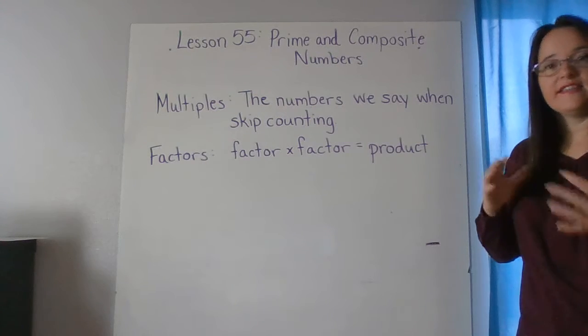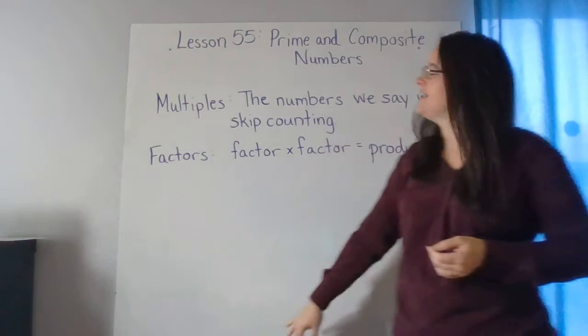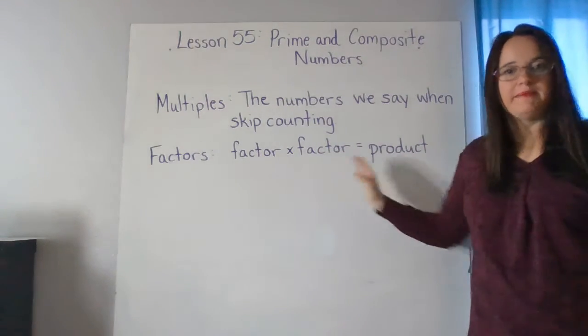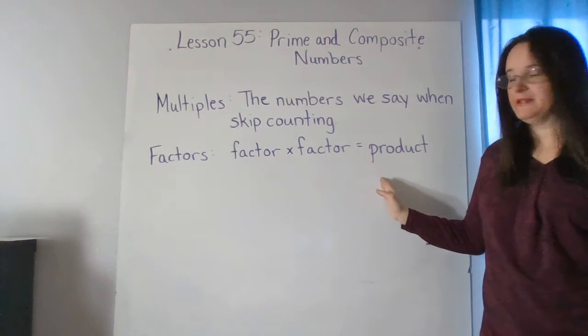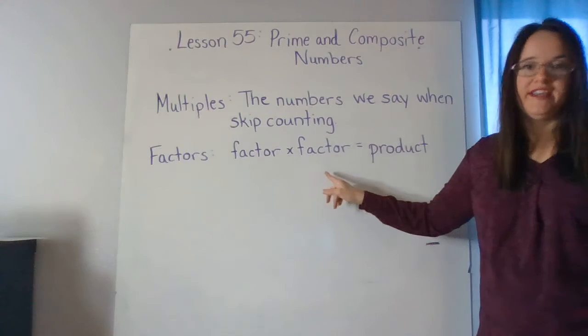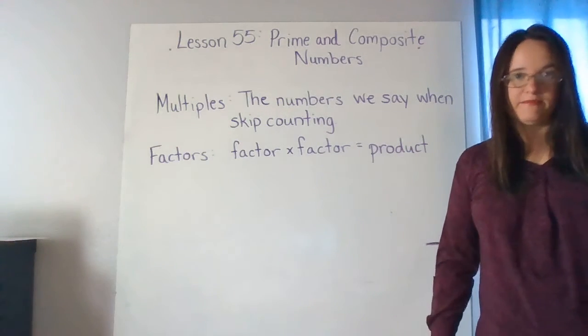And then the other word that goes with that is factors. A factor is one of the numbers that make up a multiplication problem. So we take a factor times a factor, and that's going to give us a product, which is the answer to our multiplication problem.